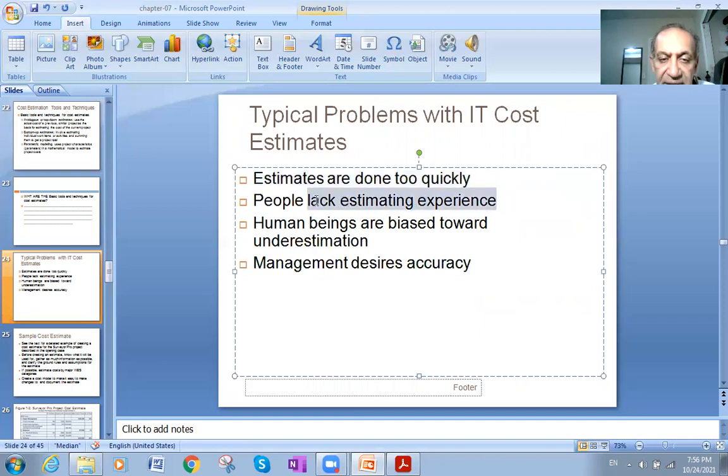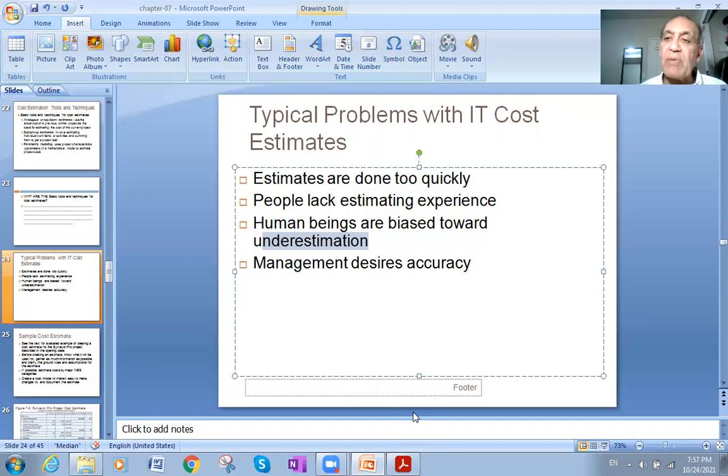People lack estimating experience. Of course, experience is very important and plays a big role in estimating the costs. Human beings are biased towards underestimation. People usually tend to underestimate. For example, if I ask how much this pen costs you, they say, oh, it's around $2, but I think it can be 175 cents or whatever.